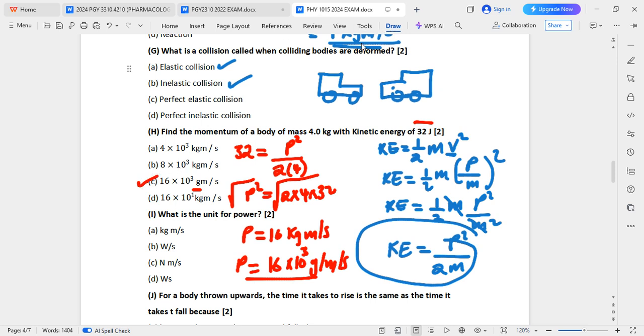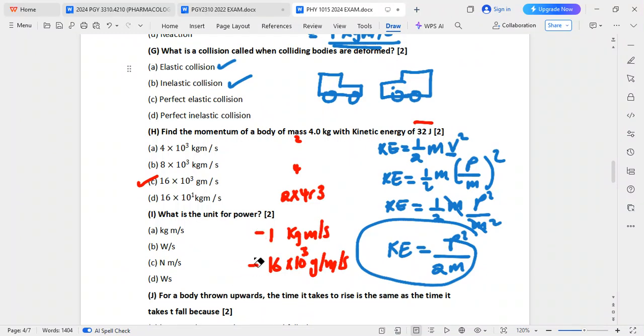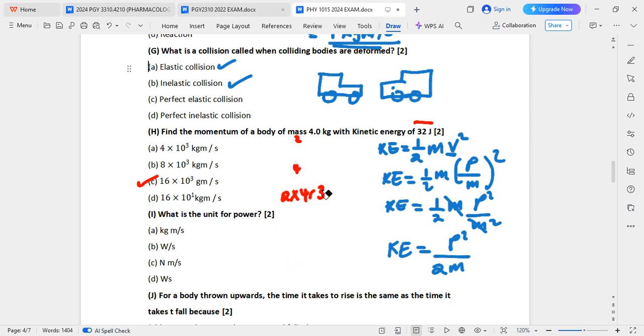In case you didn't know the direct equation that relates momentum and kinetic energy, how do I calculate the momentum?